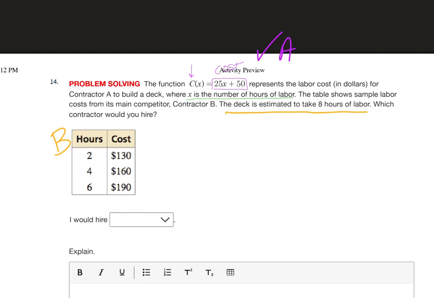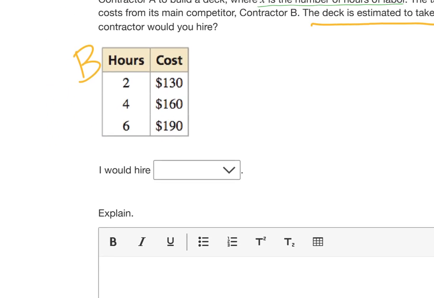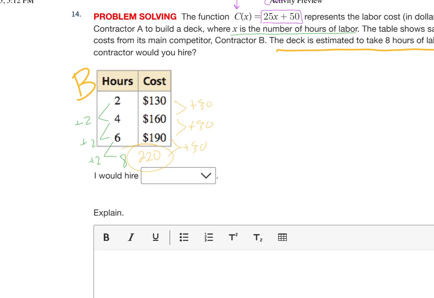Well, we're not given 8 hours for B. However, we can figure that out. This is going up by 2, up by 2. So obviously we can go up by 2 and comfortably make this jump, right? This is up by 30, this is up by 30, so this is up by 30. So we think contractor B would cost $220 for 8 hours.